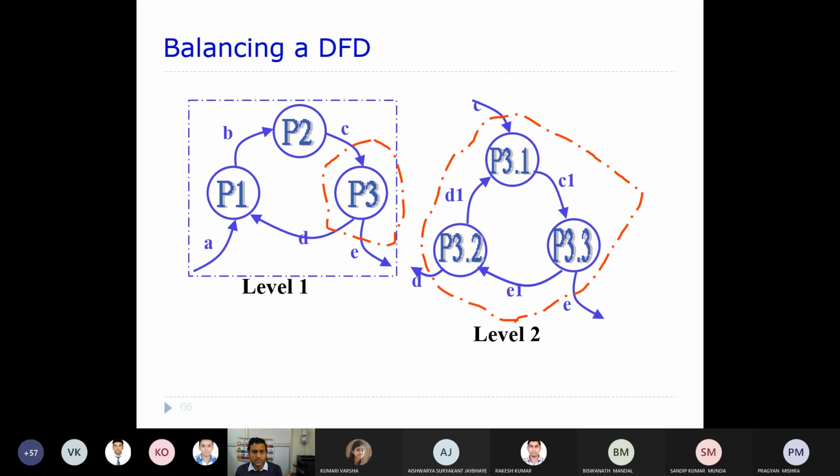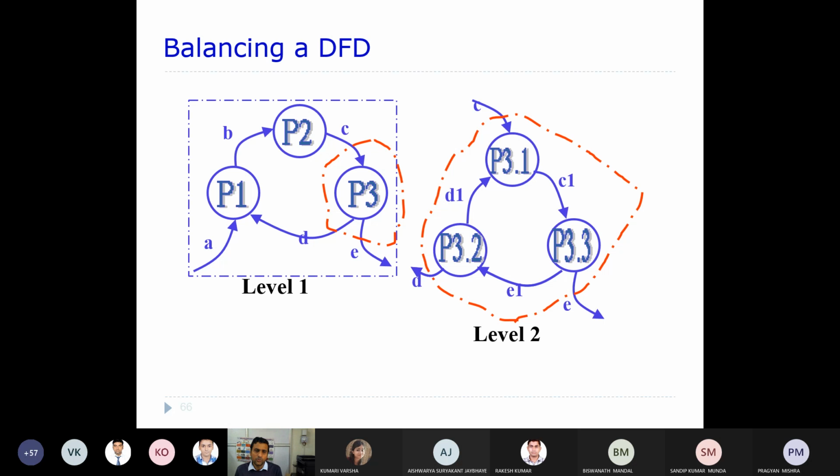You see that there are 2 inputs, D and A. Those are the 2 inputs going to P1. And how many inputs go to P2? There is only one, B. And how many outputs go from P2? 1, C. Now similarly for P3, how many inputs come here? Only one input. And how many outputs go from here?